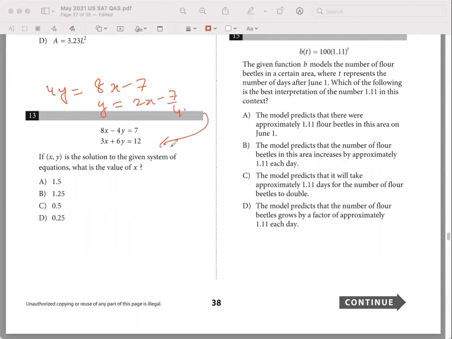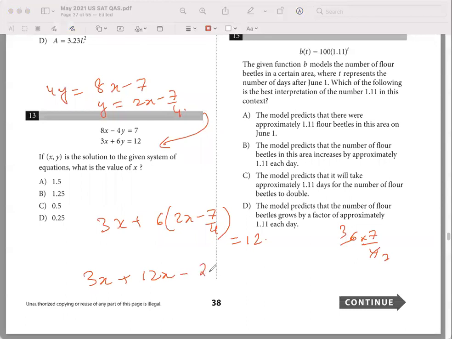And now let's put that in the second one. 3x plus 6 times (2x minus 7 by 4) is 12. So 3x plus 12x minus 6 into 7 by 4. So that's 21 by 2 is 12.